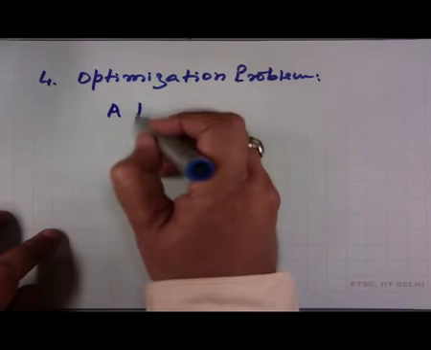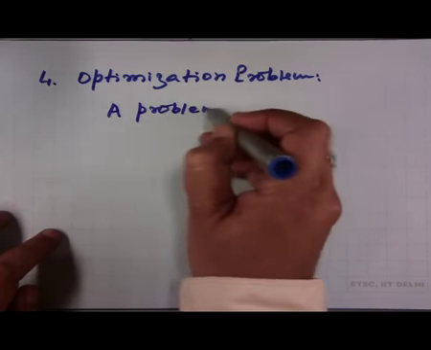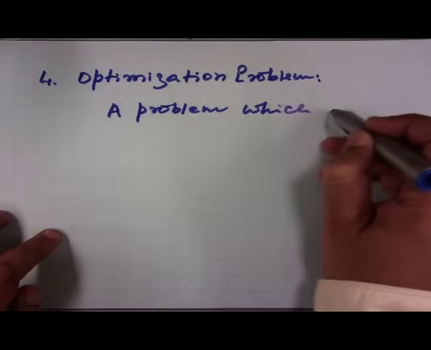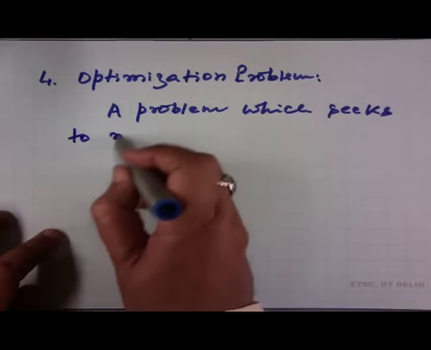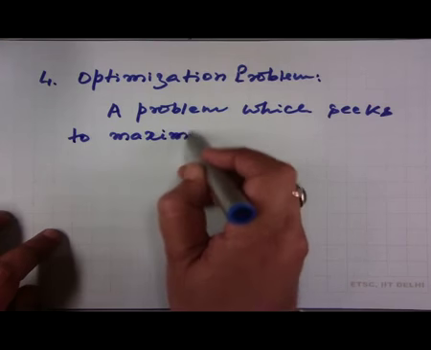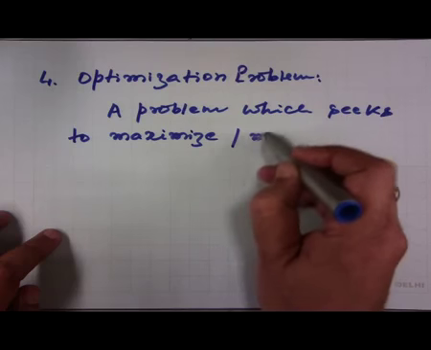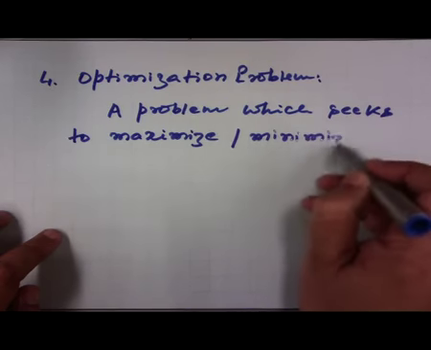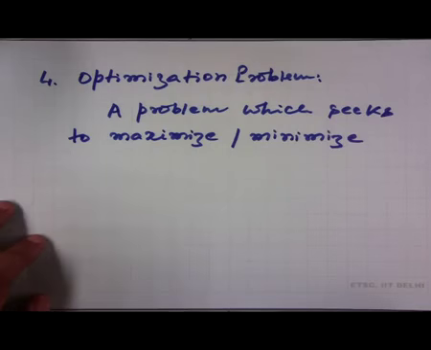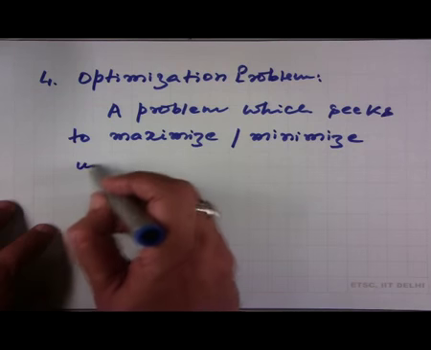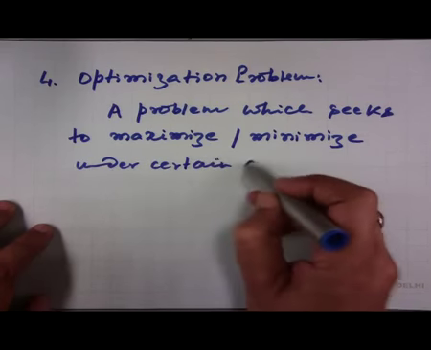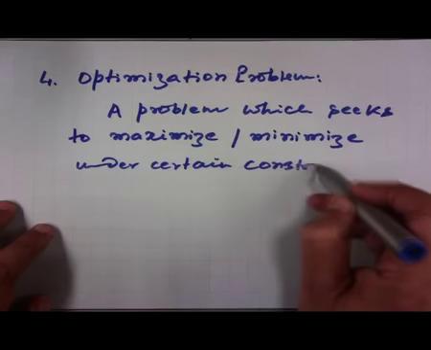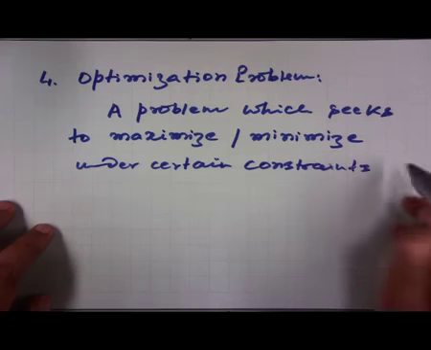A problem which seeks to maximize or minimize is called an optimization problem, and this problem maximizes or minimizes under certain constraints or conditions.